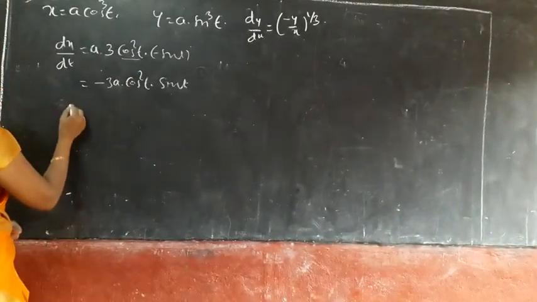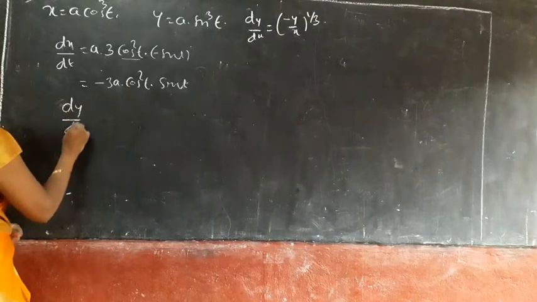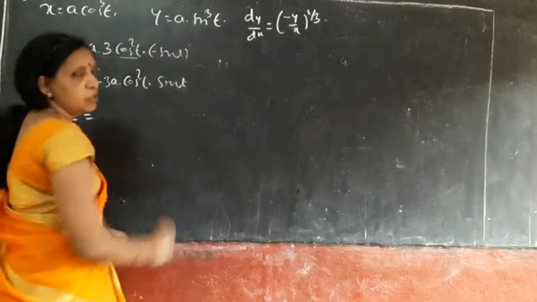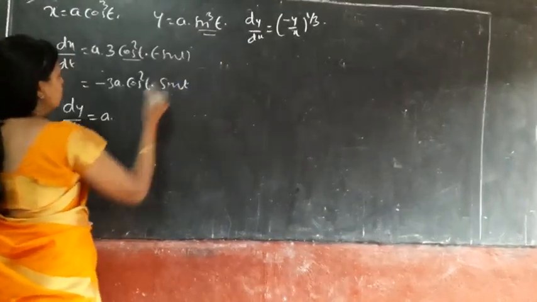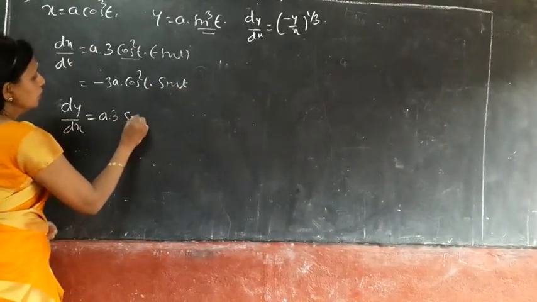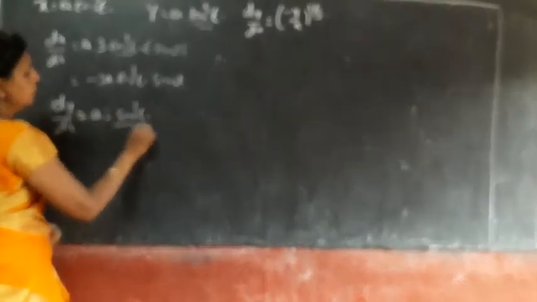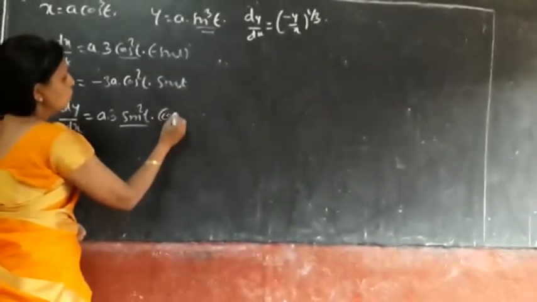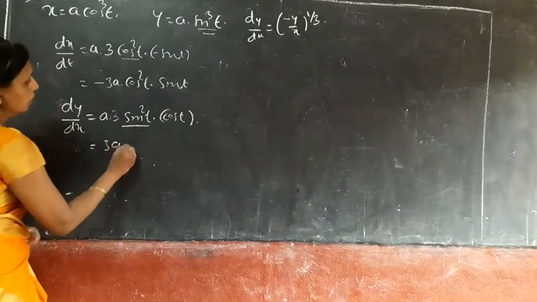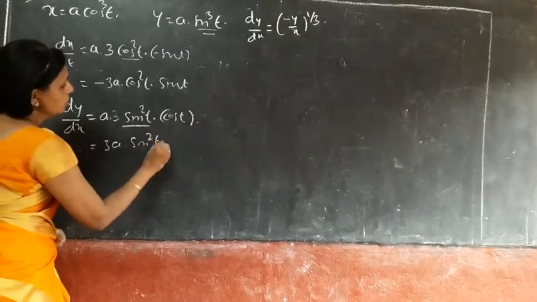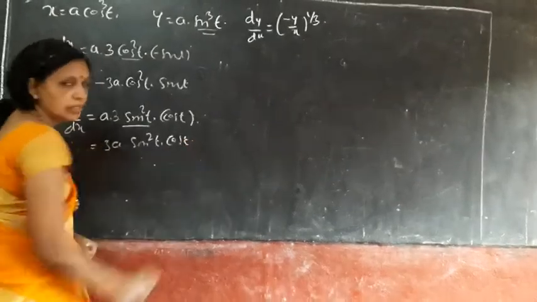Next, consider the function y, that is a sin cube t. a is a constant, differentiation of sin cube t is 3 sin square t, and differentiation of sin t is cos t. Thus we get 3a sin square t into cos t.